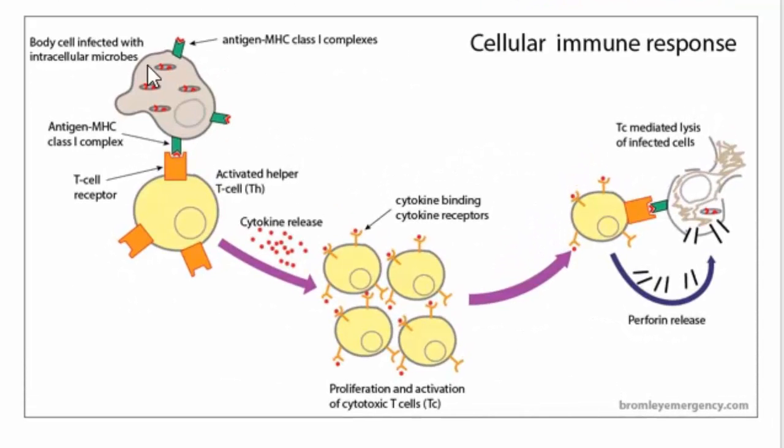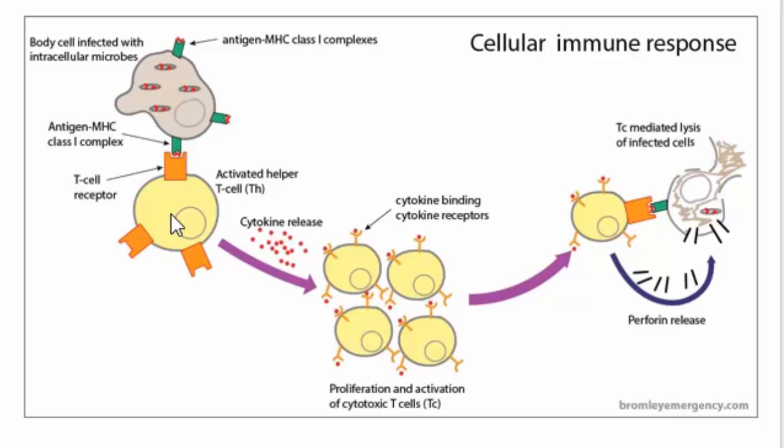Here, a typical body cell that has become infected with an intracellular microbe, perhaps a mycobacterium or a virus or a parasite. Protein shed by the microbe within the cell is picked up by the cell and expressed on the cell surface in association with MHC class I molecules as an antigen MHC class I complex. That complex is recognized by the T cell receptors of helper T cells.